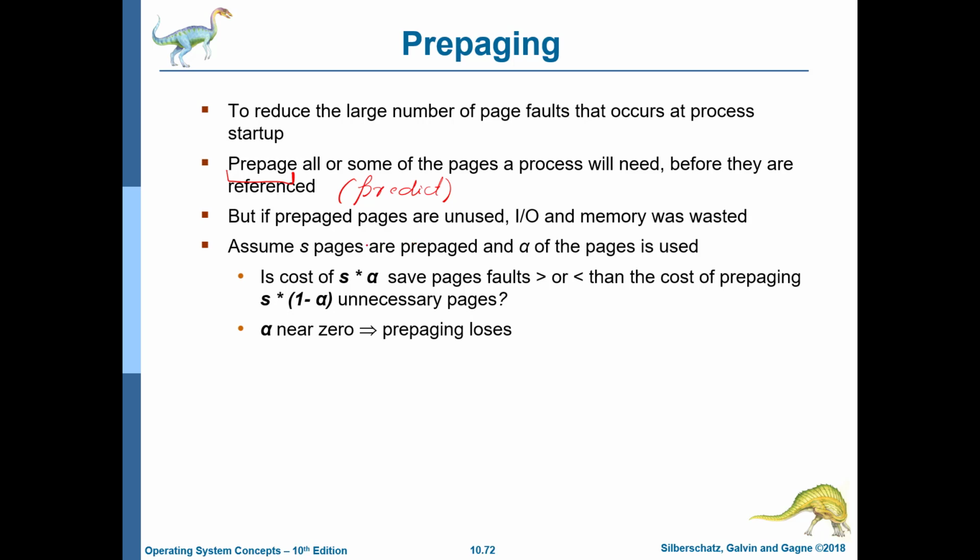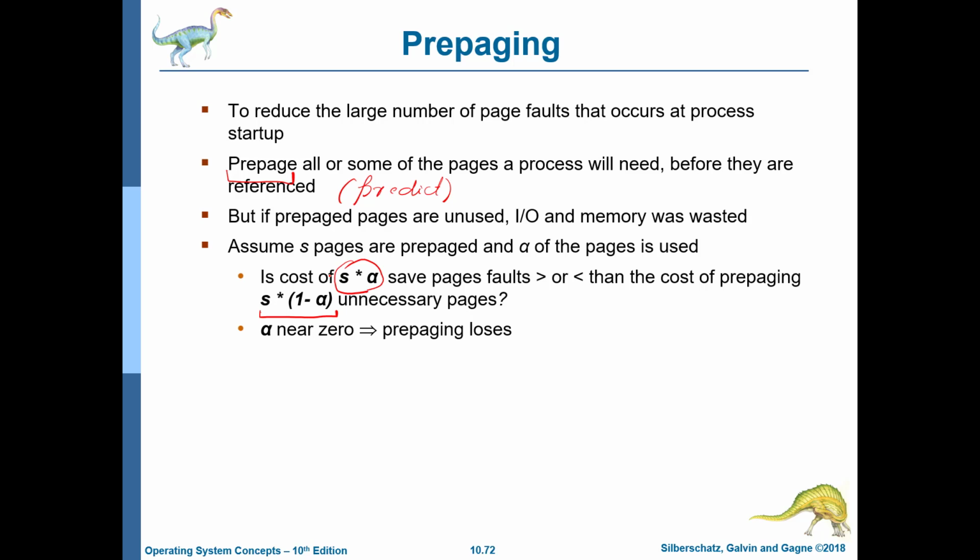All right. And so what we will do is assume that S pages, let's say, are pre-paged, and a fraction alpha of these pages is used. So what we need to find is whether the amount of useful data, which is S times alpha, saving page faults, is greater than or less than the cost of pre-paging, which is the cost associated with fetching the data that is not used, which is S times (1 minus alpha).